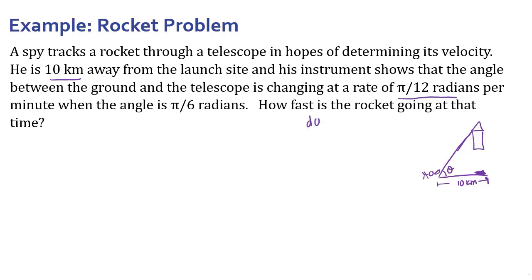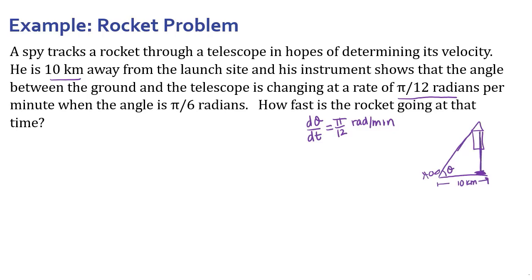So we know that the rate of theta is changing at pi/12 radians per minute when the angle is pi/6 radians. We want to know how fast, so that's the velocity. So how fast is that rocket going?